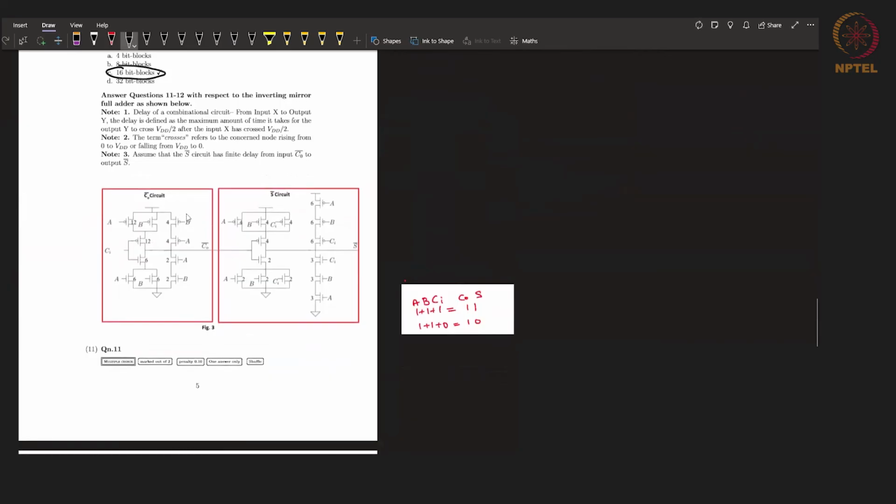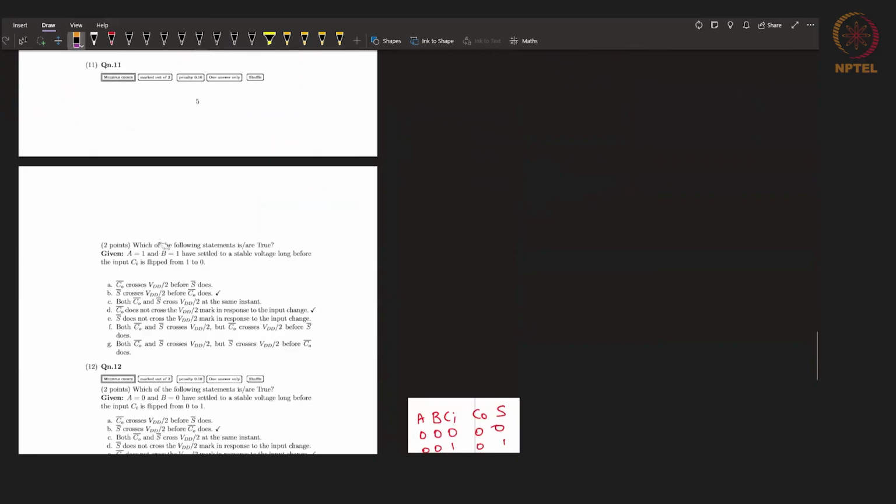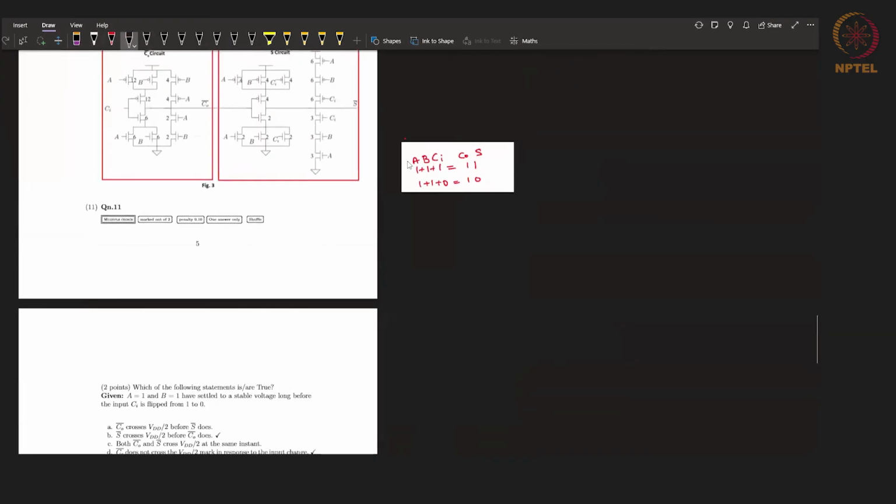Question 11 and 12. One way to approach question 11 and 12 is to look at giving the values of A, B, and C as given in the question. The other way to look at it is you can write down what the values are before and after. For example, A, B, C was 1, 1, 1 before, and after it is 1, 1, 0. So the C naught and S is 1, 1 before and 1, 0 later.